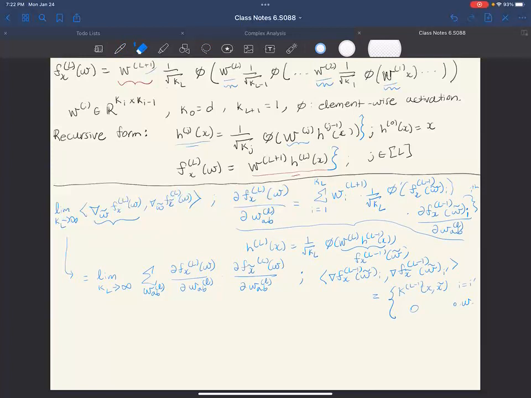So now how are we going to do this? Well, let's just now return to our computation. We just want to substitute this expression in star up here, all the way down here. So I want to take this limit as KL goes to infinity of summation WABL. And now I have a giant mess of terms.